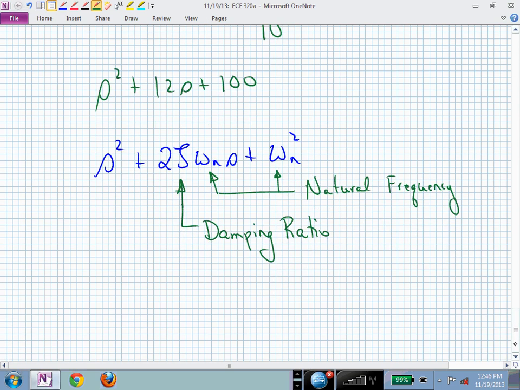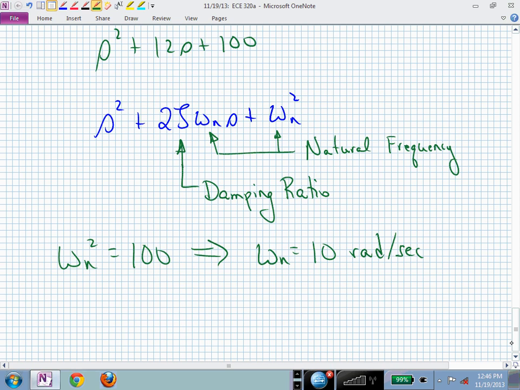We can find those now for this specific set of complex poles. We can see that omega sub n squared, by comparing coefficients, is simply 100, so we now know that our natural frequency is 10 radians per second. And if we look at the coefficient associated with s to the 1, we have 12, and that should be equal to 2 zeta omega sub n.